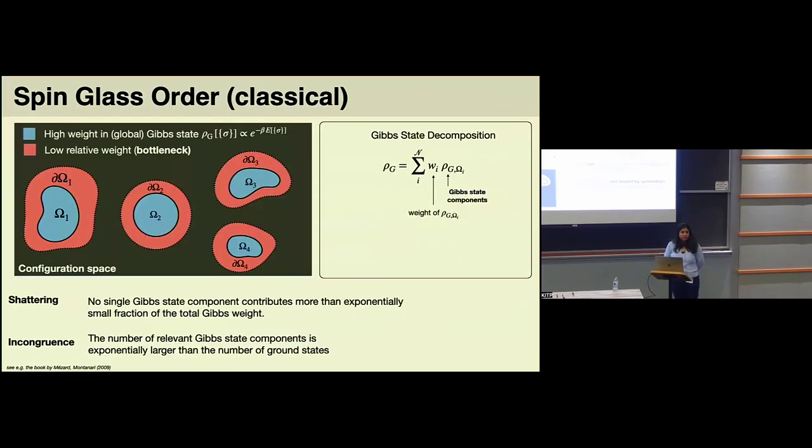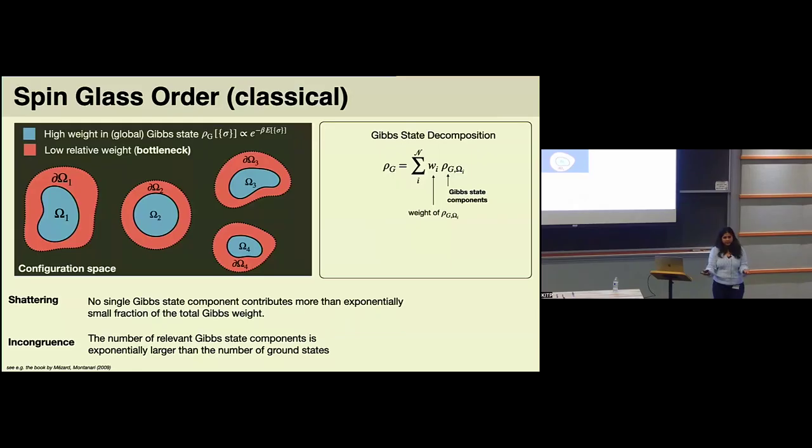Formally, if you want to define spin glasses, it's another nice feature of this bottleneck perspective that it gives a very clean definition of spin glasses, which we can prove. So let me do that for you here. In the most general case, I described the 2D Ising model for you, where there are two Gibbs state components related by the action of Ising symmetry.